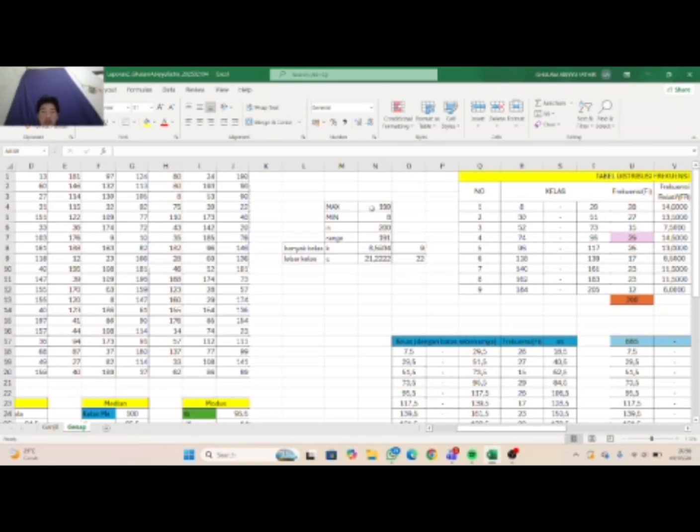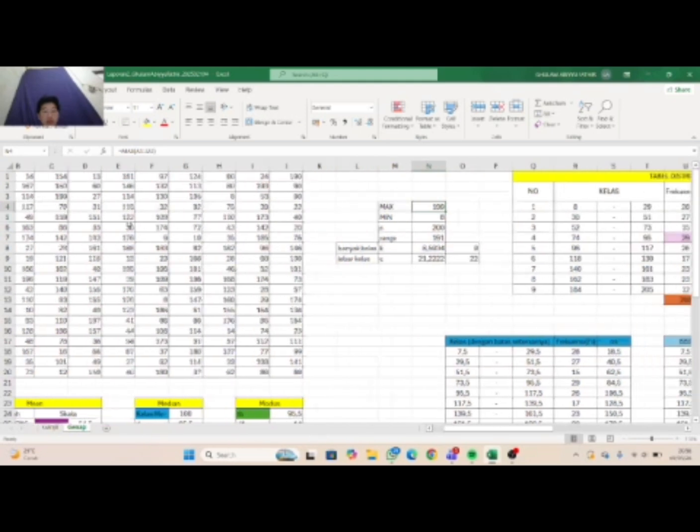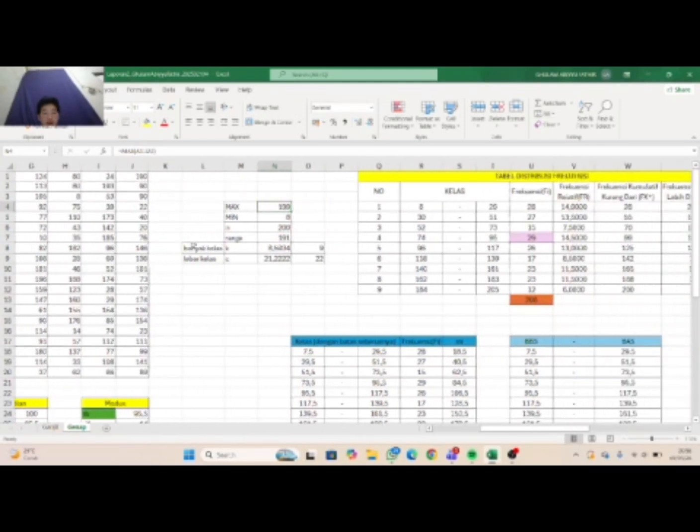First, I find the maximum data with MAX, and I block all data in this table. The MIN formula is used to find the smallest value from the data. I use MIN on all data in this table.